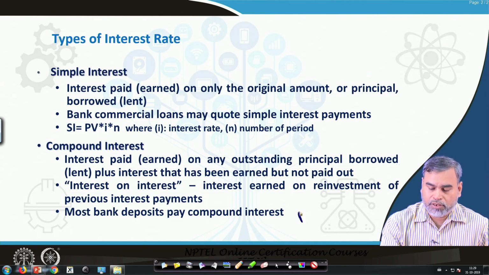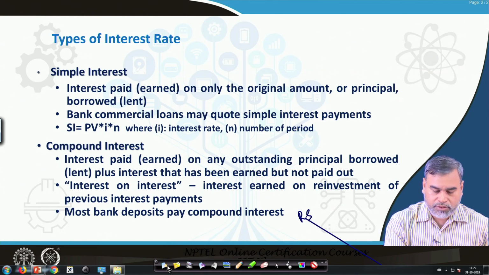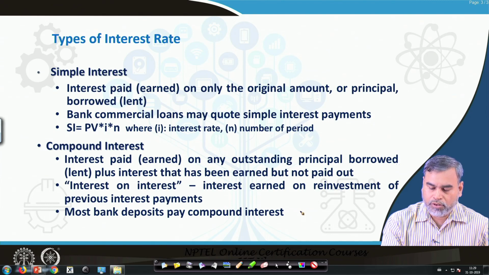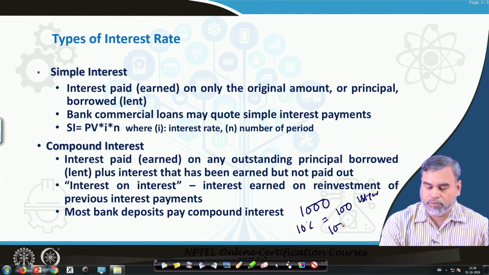Going by the example, let your amount be 1000. Then 10% of that gives you 100 rupees in the first year, and in the second year your total amount becomes 1000 plus 100, that is 1100.